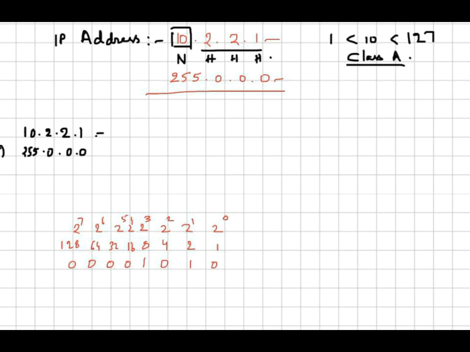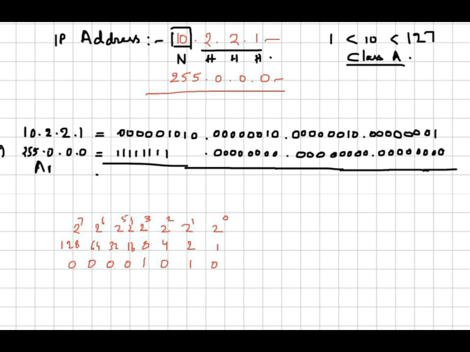Both should be converted to binary, then perform an AND operation. 0 and 1 is 0, 1 and 1 is 1, 0 and 1 is 0, 1 and 1 is 1, and the remaining are all zeros.